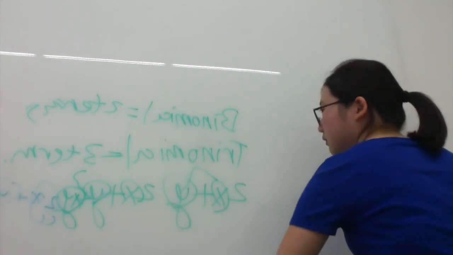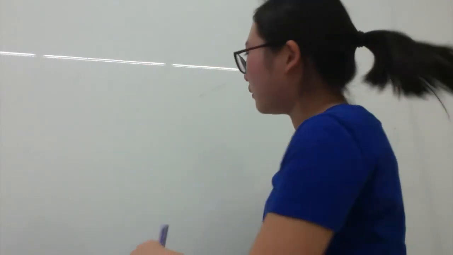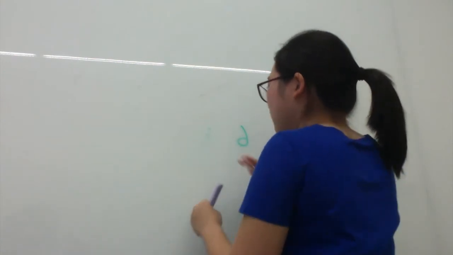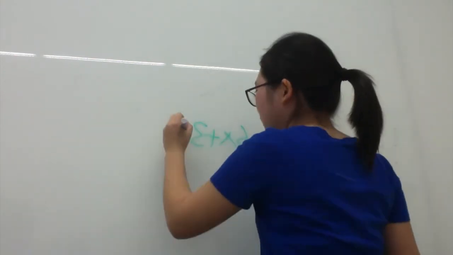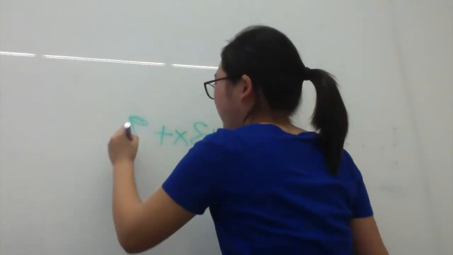Okay, the next one is finding greatest common factor. This is very easy. For example, like 6x plus 9x.